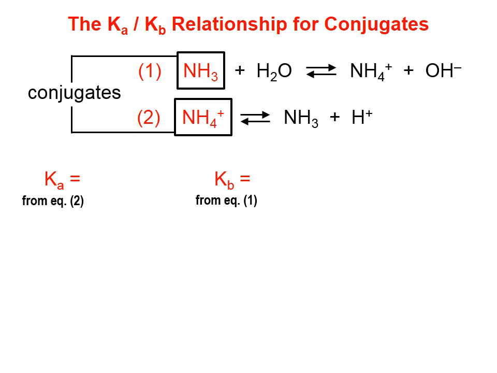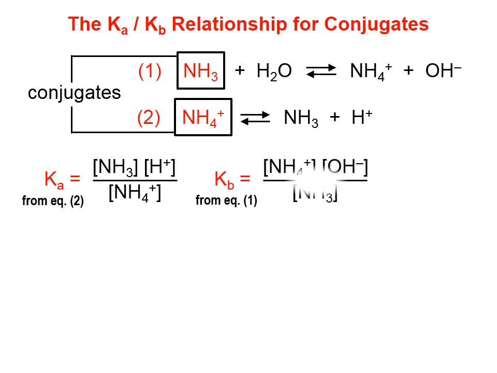We need to write a Kb expression from equation number 1, where the ammonia is accepting a proton. It's the same old thing, products over reactants for Ka, and for Kb, products over reactants. Again, note that we do not include the water in the equilibrium constant for Kb.